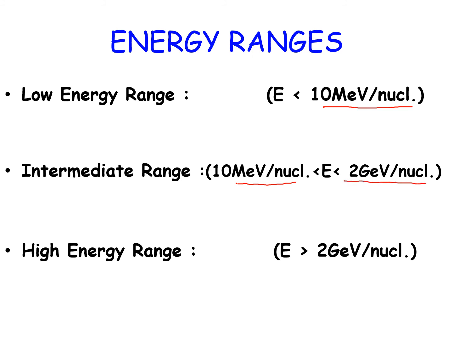In this energy range, we mainly study the nuclear properties. That is the topic of our present session. And third and the last is the high energy range, in which the energy is greater than 2 giga electron volt. And here we study particle physics, or elementary particles.